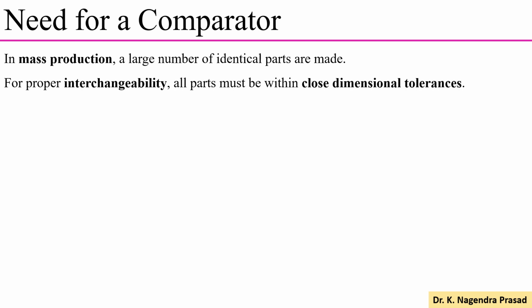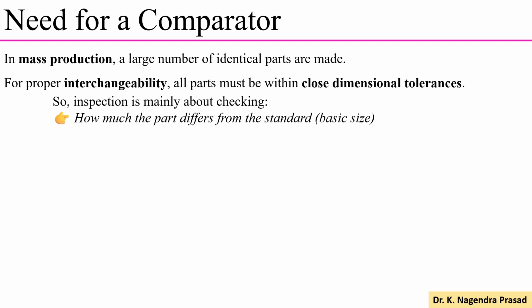All the parts must be interchangeable, which means all the parts must be within close dimensional tolerances. So inspection is mainly about checking how much the part differs from the standard size.